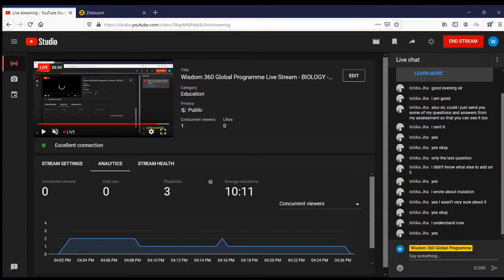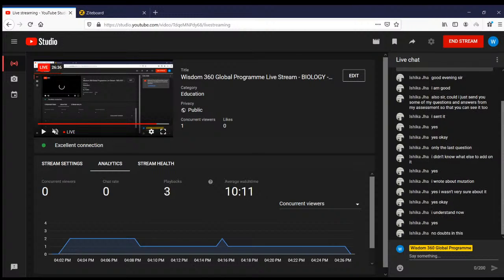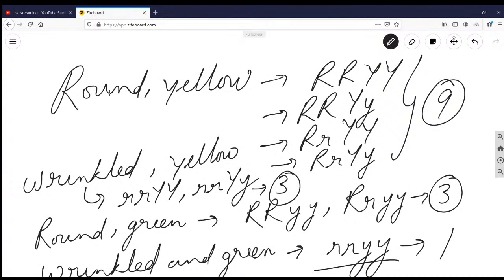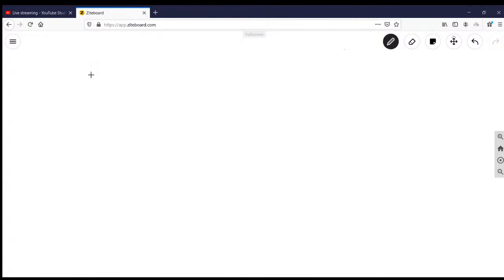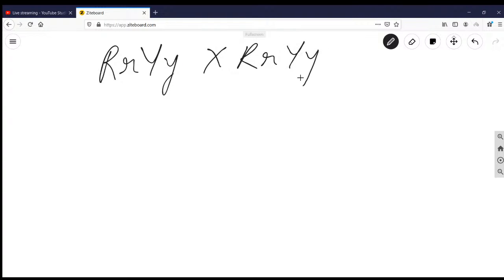So now we can go for one more way of solving it. Okay, good. So one more way, that is the way of probability. Okay, two independent events happening. So this thing, selfing, is again I can go for two monohybrid crosses, right?